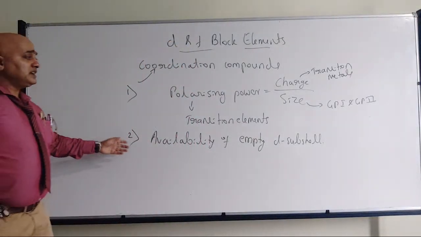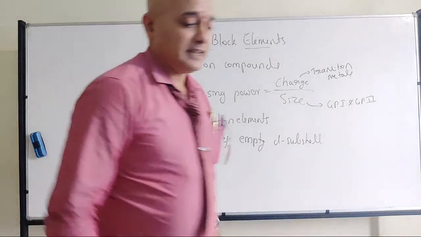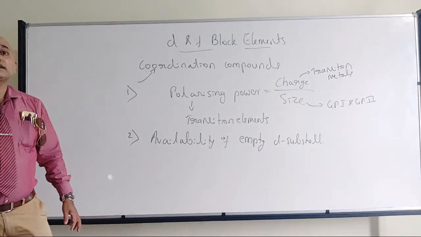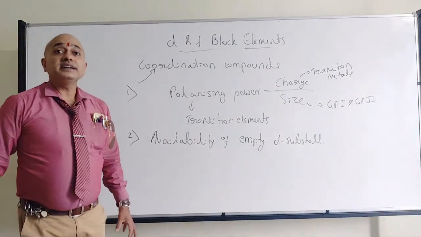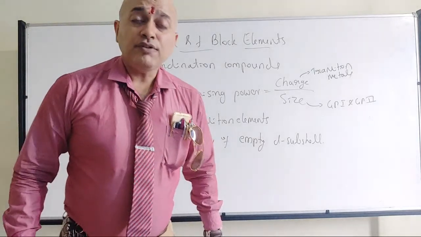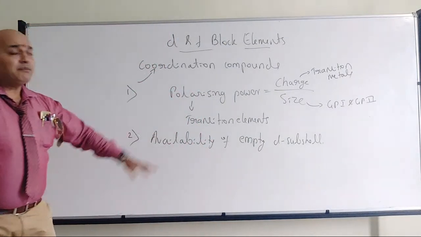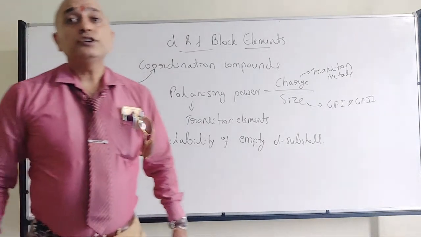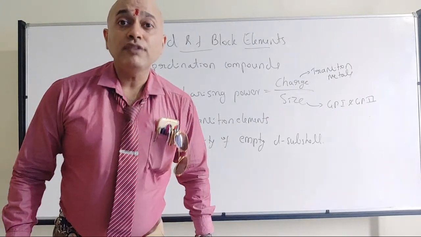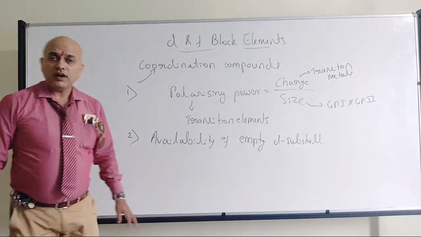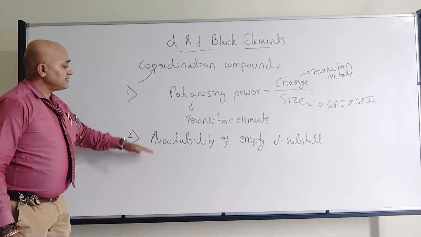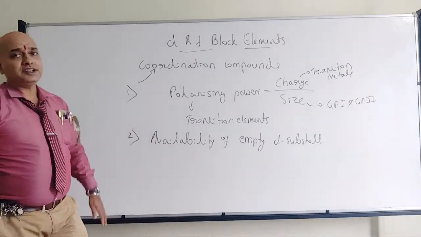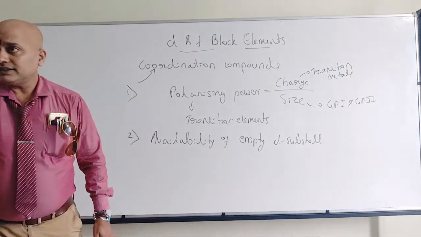Due to the availability of the empty d subshell, these ligands can donate their electrons to form coordinate bonds. So once again, due to the empty d subshell in transition elements, they dominate the formation of coordination compounds. All of you have understood? So these two are the major points why coordination compounds are dominated by the transition elements.